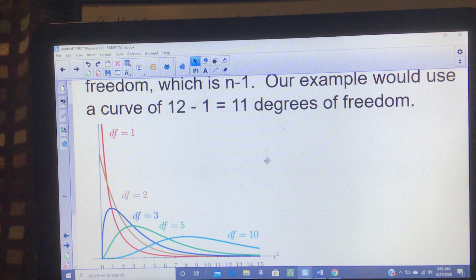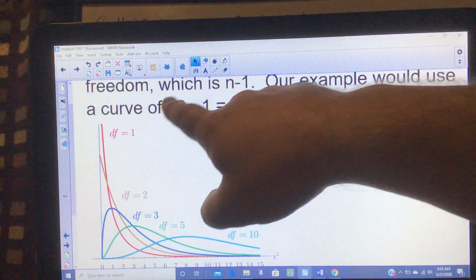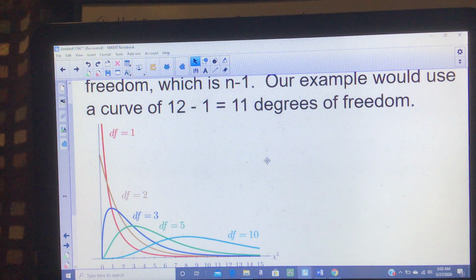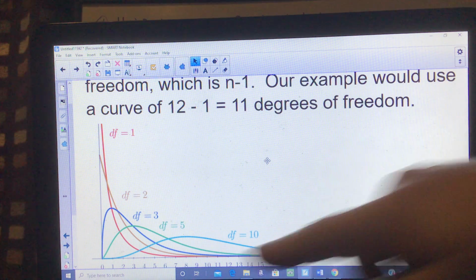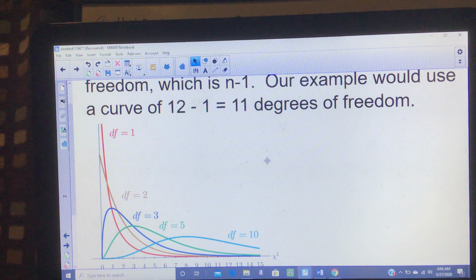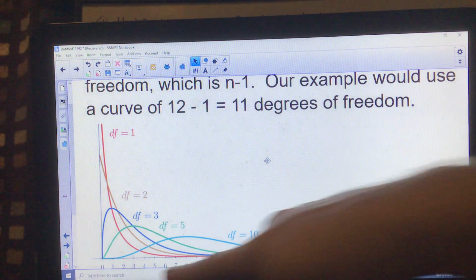All right. So basically, you need to pick the right chi-square curve. You do it by however many categories you have. In our case, we have 12 categories. If you had 20 categories, you'd use 19 degrees of freedom. If you had 3 categories, you'd use 2 degrees of freedom, and so on. So we're going to use 11 degrees of freedom. We would need to make a chi-square curve, or the calculator will do it, and that's where we'll test our deviance value.